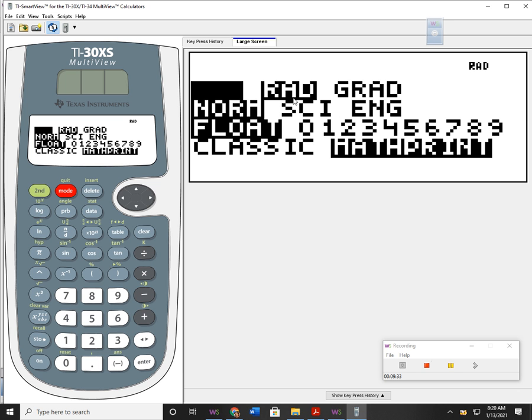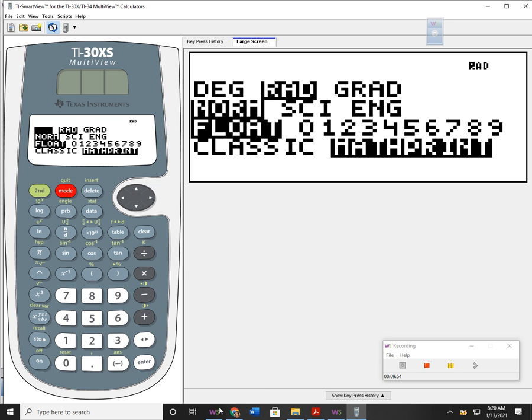Now, if I'm taking like the cosine, sine, tangent of degrees, then I would want it in degrees. This is one of the things that people get tripped up on the most, is they'll be in the wrong mode. So you have to tell your calculator if you're putting radians in or if you're putting degrees in.